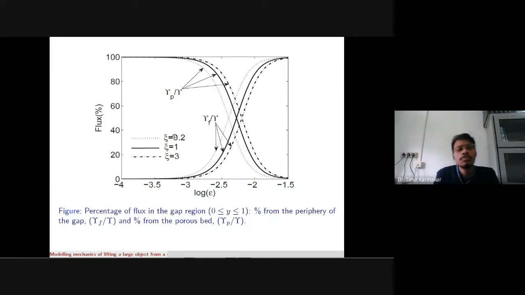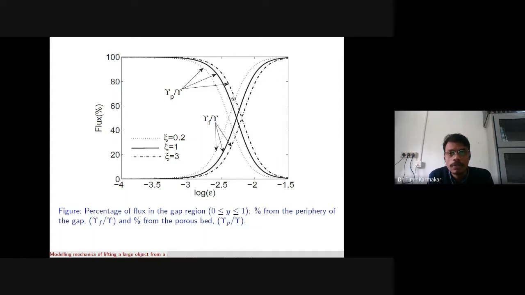If we assume that the total flux is 100%, then here you can see, if we increase the vertical permeability, then more flow will come in the vertical direction.